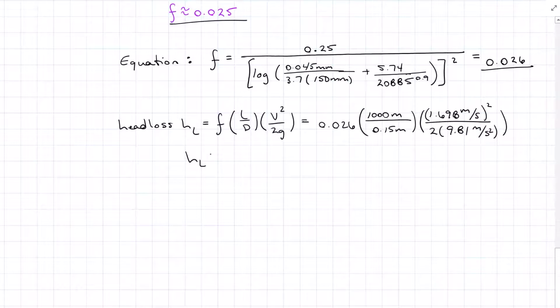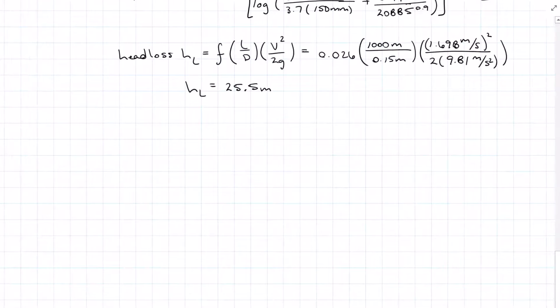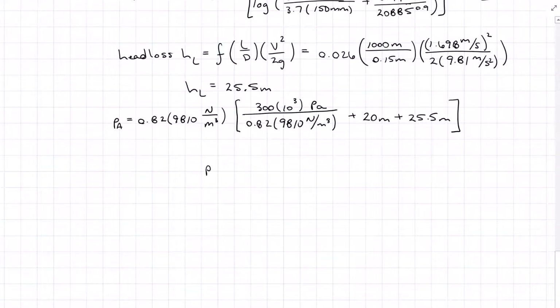We have a head loss of 25.5 meters. So we can plug that into what remains of our energy equation, and we find that the pressure at A is equal to 666 kilopascals.